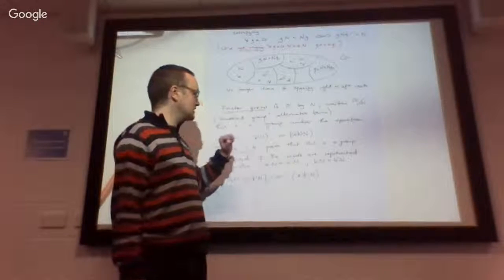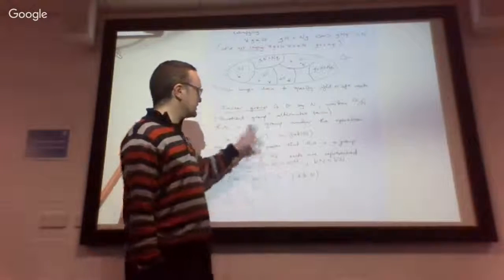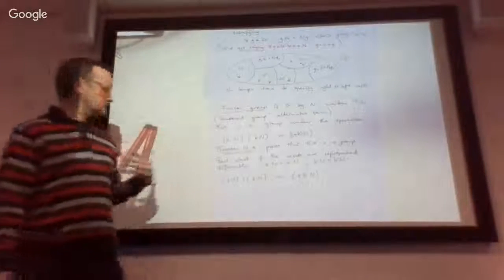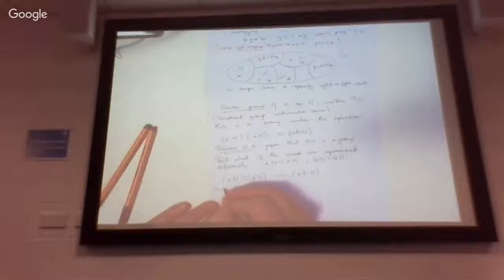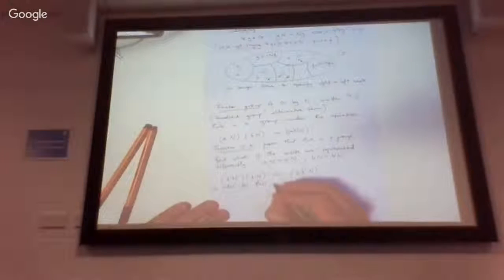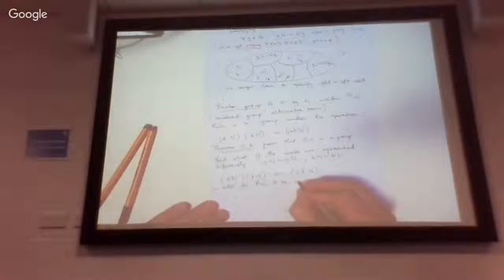You can't have that. So in order for this to be a well-defined operation, and this is the problem we're getting at, in order for this operation to qualify for the name operation, we need to prove something.